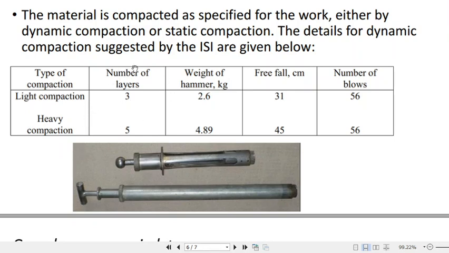For the light compaction, there should be 3 numbers of soil layers, and for the heavy compaction there should be 5 numbers of soil layers, and the weight of the rammer for light compaction is 2.6 kg, and for the heavy compaction it is 4.89 kg. And these are the free fall in centimeter, and the number of blows required is 56, and for this one also it is 56.